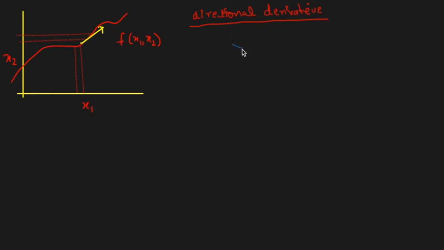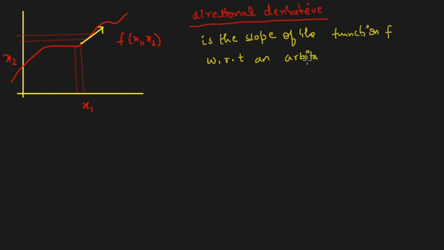So directional derivative is the slope of the function f at hand with respect to an arbitrary vector or direction u.